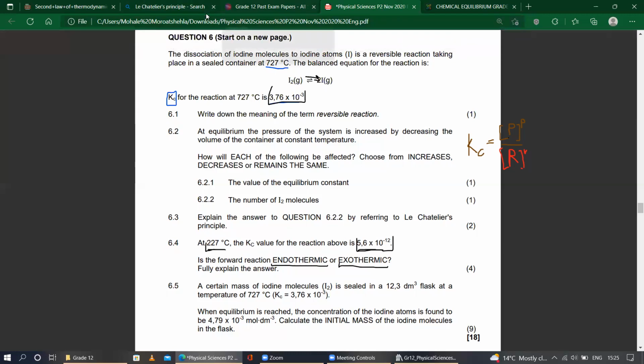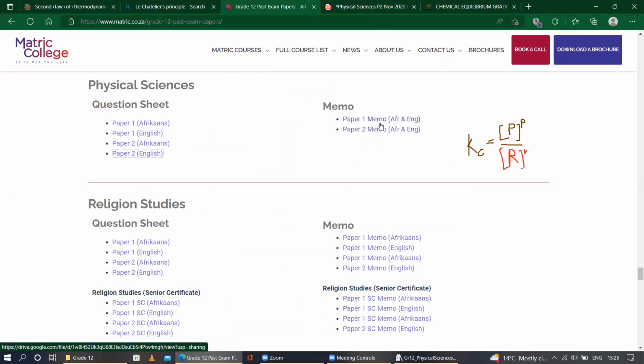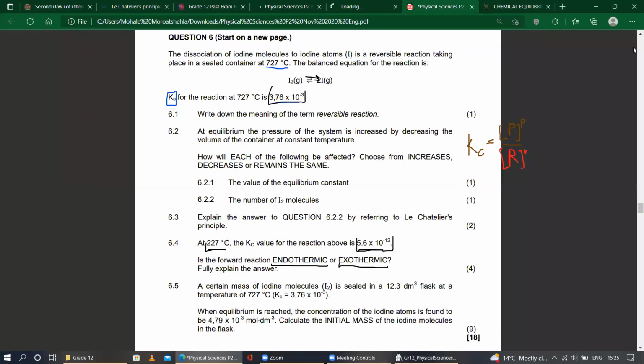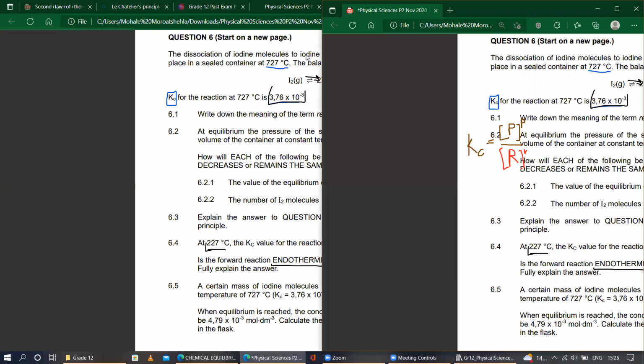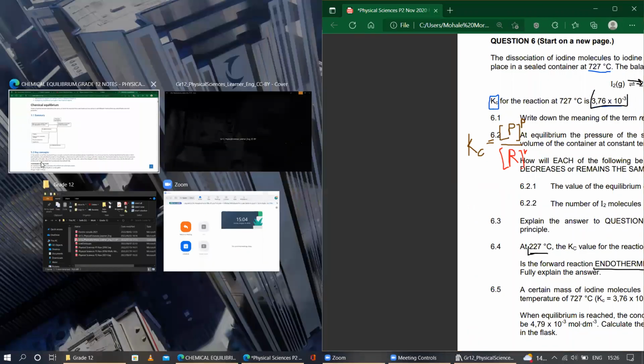But let me just go through this. Maybe the memo can explain it better because I don't know how to give it to you. Let me open this on one side.